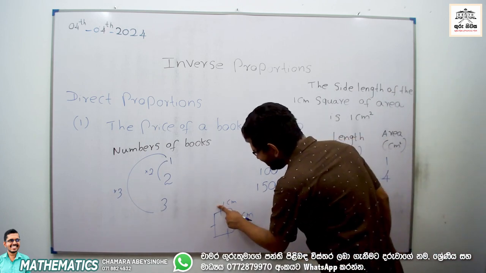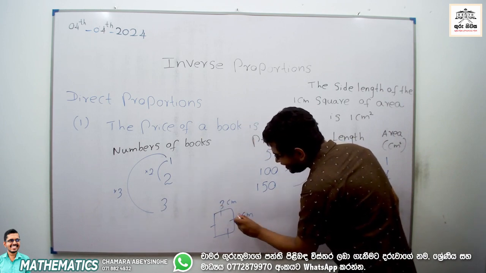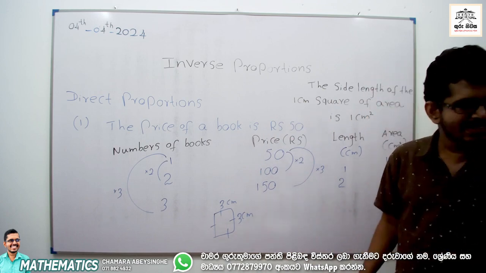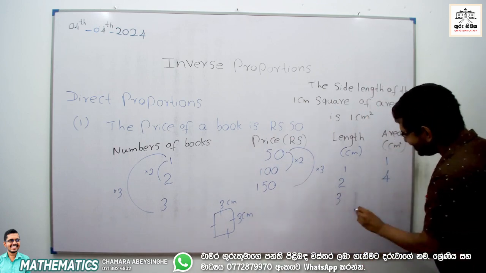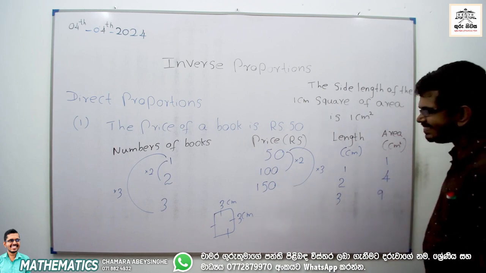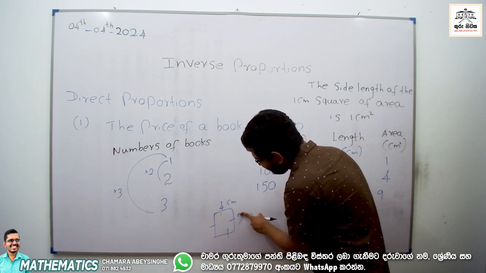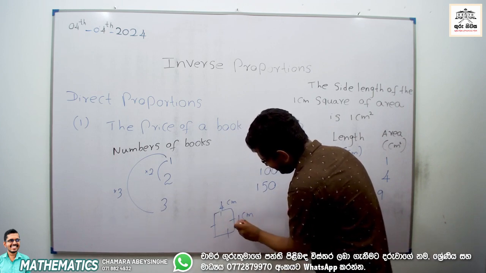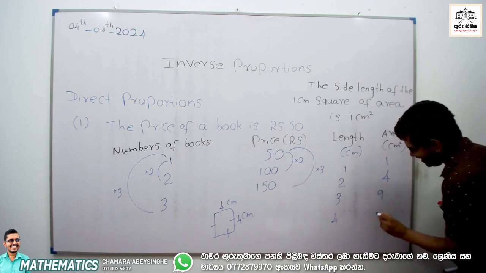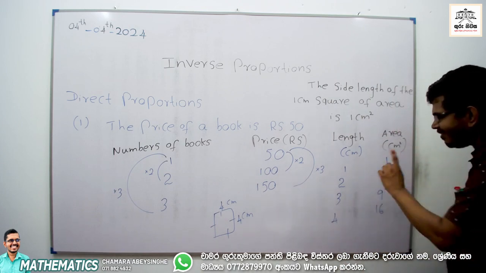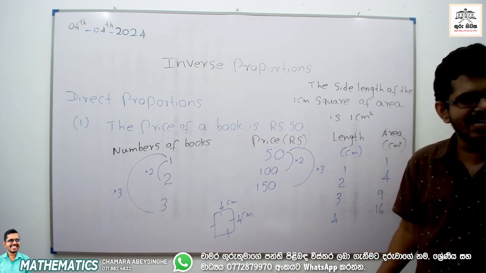If the side length is 3 centimeters, what is the area? 9, yes. 3 times 3, 9. The last one: if the side length is 4, what is the area? 16, very good. 1 times 1, 1; 2 times 2, 4; 3 times 3, 9; 4 times 4, 16, like that.